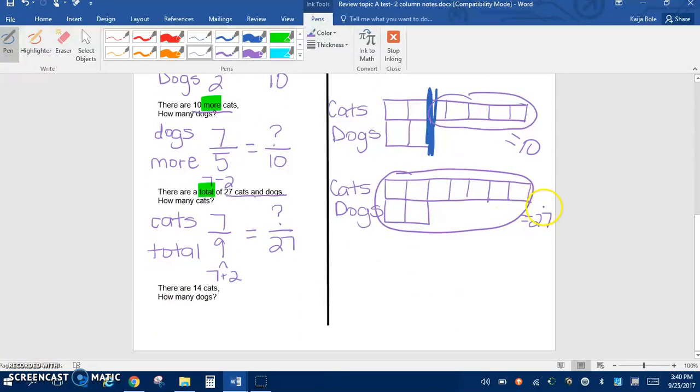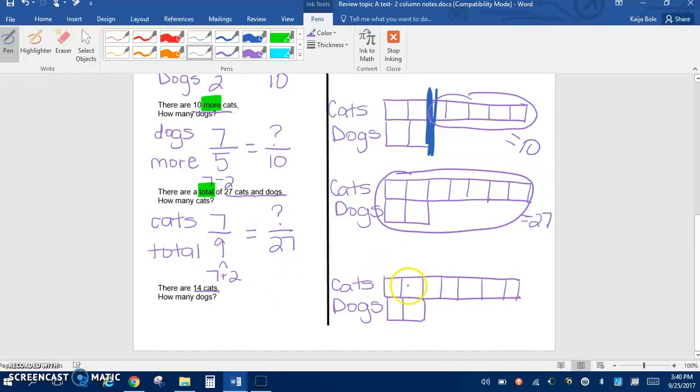And one more example here. It says that there are 14 cats. How many dogs? So again, the same tape diagram, cats and dogs. It'll be 7 boxes for cats, just like it was up above, and 2 for dogs.